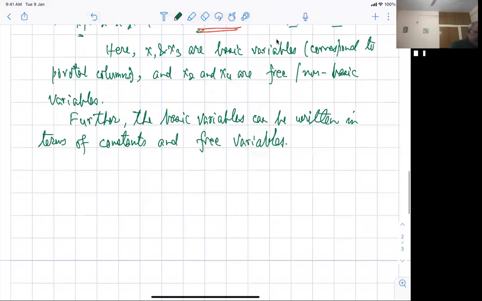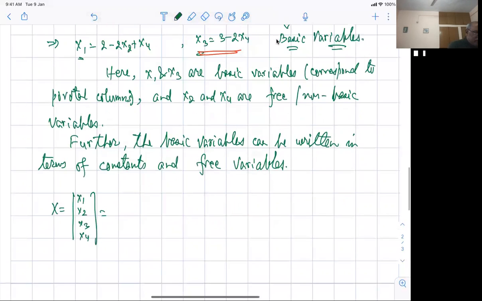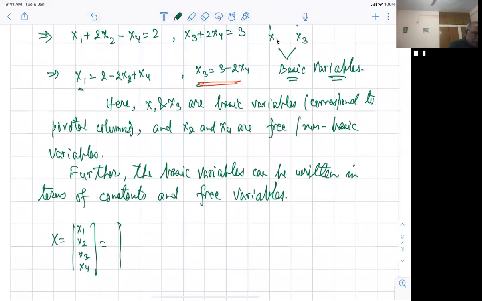So what we are saying here is that if I write x, which is supposed to consist of x1, x2, x3, and x4, then I can write x1 in terms of constants, which is 2 minus 2x2 plus x4. x2 is a free variable, so we leave x2 as it is. x3 can be written as 3 minus 2x4, and x4 is again a free variable, so we write x4 as it is. Fine.